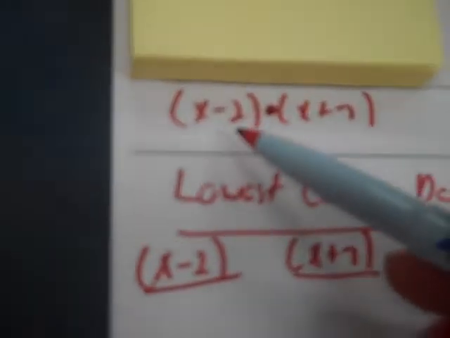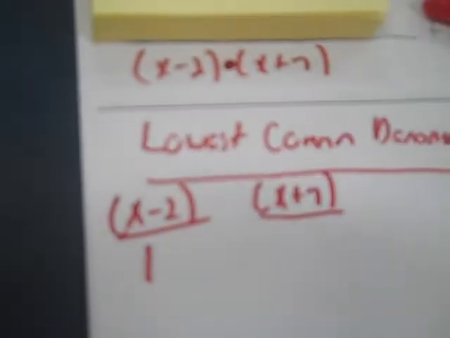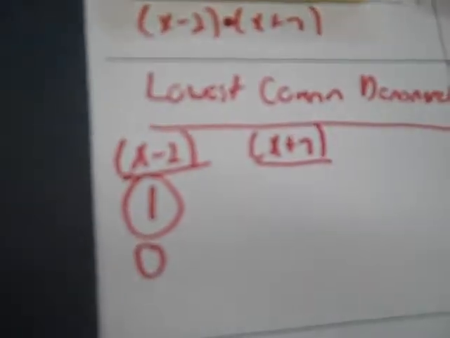Now, how many x minus 2's are under that denominator? There's 1. How many x minus 2 parentheses are under that? There's none. Well, we need to make this so each has the higher amount, which is 1. Okay. Well, this one already has its 1. Okay, I don't need to mess around there.